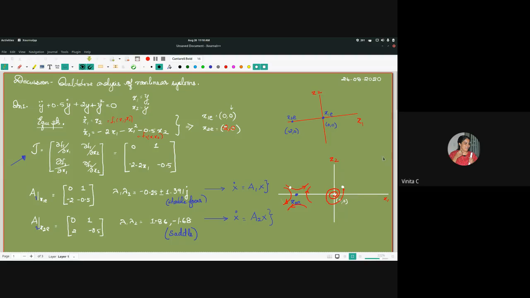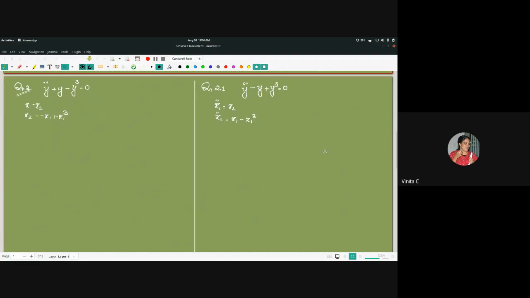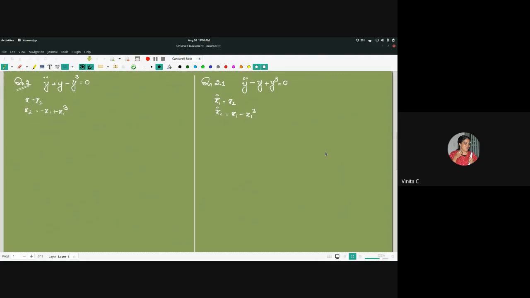Okay, now we will see another two systems which I had given you. So these are the two systems. I will directly write their equilibrium points here, and you can try the calculation.